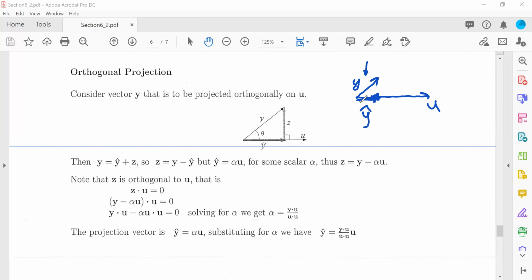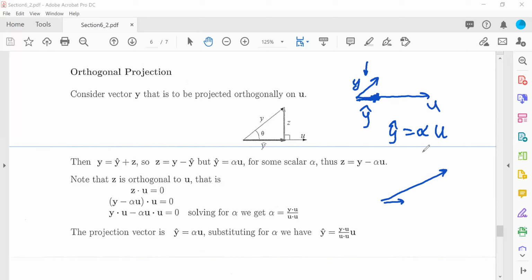If I'm projecting y straight onto this vector, then my projection y hat and vector u are scalar multiples of each other. We can see that this y hat is, let's say, one third of u in that drawing. It's some scalar. I'm going to call the scalar alpha times the vector u, because I'm projecting. The same would happen even if you have a bigger vector and you're projecting onto the small vector.